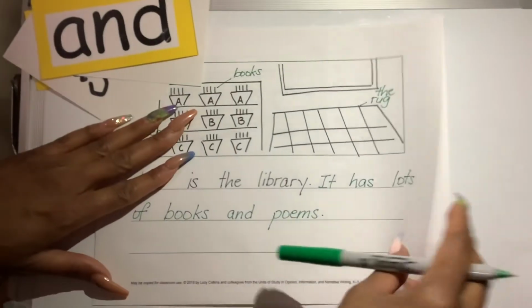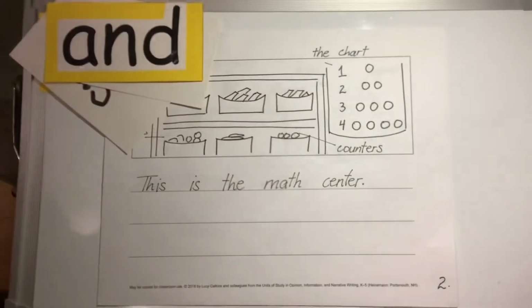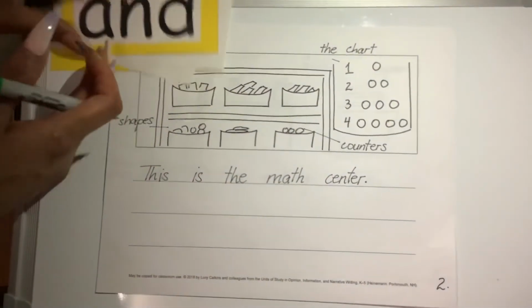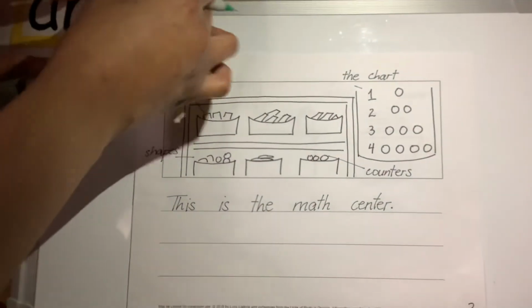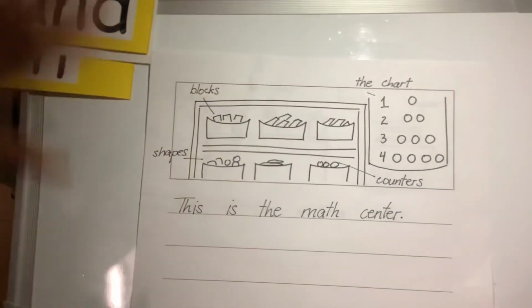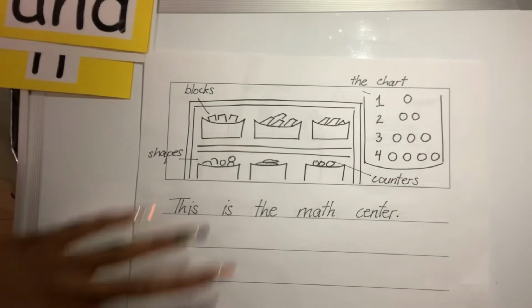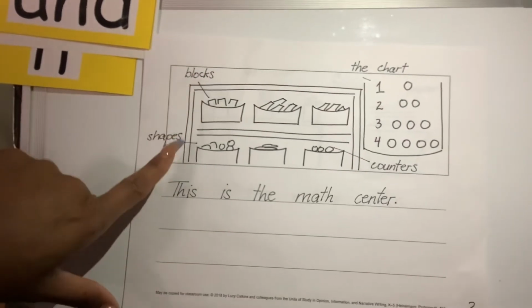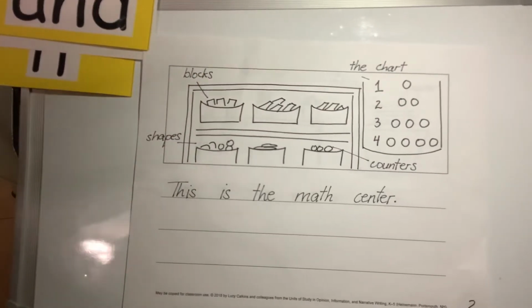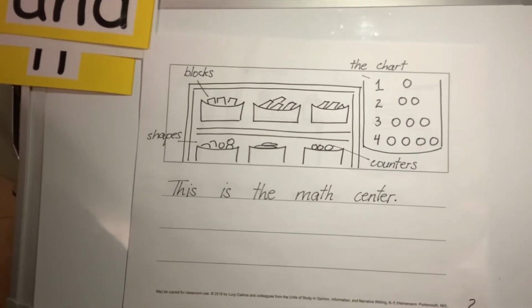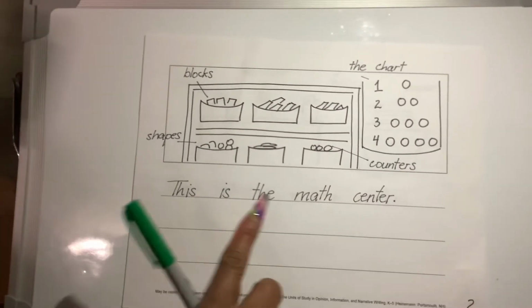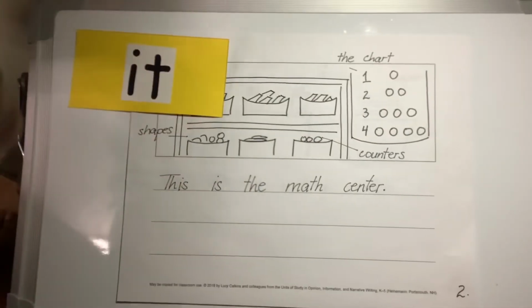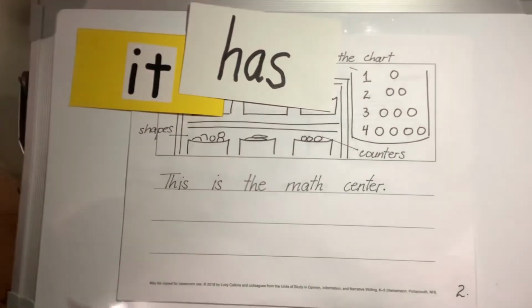Okay. Let's move on to page 2. Oh, this page, I added my labels already, right? I have blocks and I have shapes. I have counters. Ooh, what do you think I should put here? This is the math center. It has, let's write that.